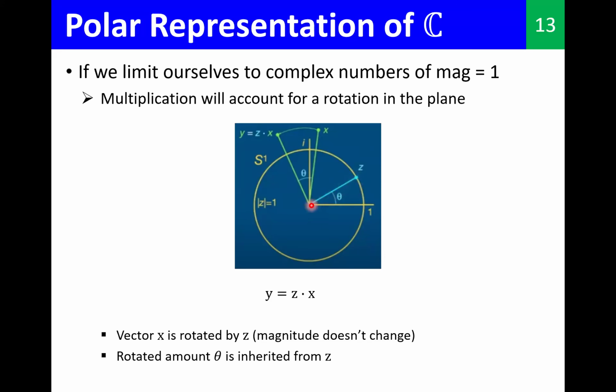It acted as a rotational operator for x. The amount to rotate came from this, and because it was a unit complex number, the magnitude of x did not change. That's basically what we need in a rotational operator. The magnitude should not change, and the amount to be rotated should come from the operator that we are applying, so that information should be in z.